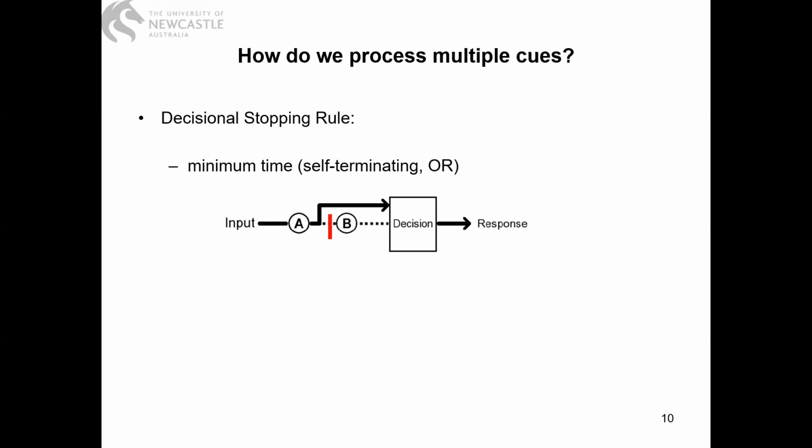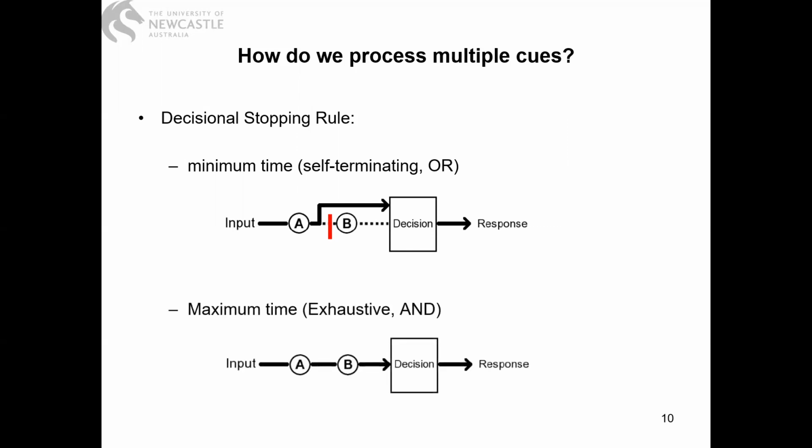A minimum time, sometimes called self-terminating or OR rule, suggests that we could stop processing and make a decision after one source of information had been processed. Whereas a maximum time, exhaustive or AND rule, suggests we must process all the cues before making a decision.